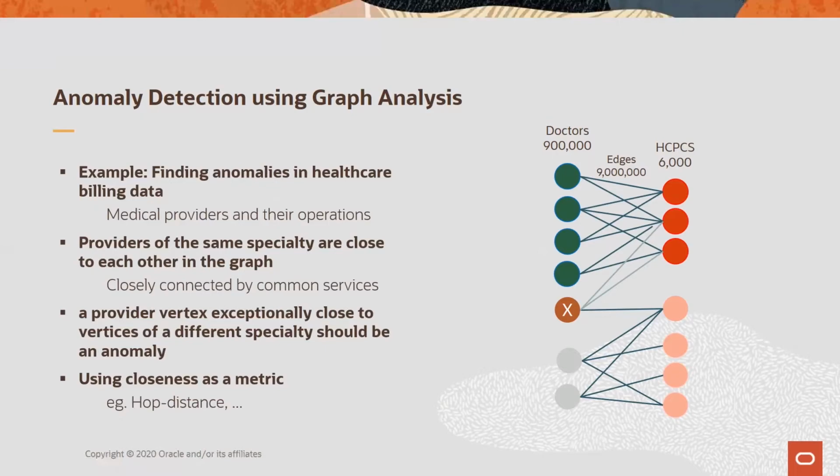The example I have here is the healthcare industry. It's basically healthcare billing data, and I'll just use that to show you a couple of fundamental concepts in graph analysis, which we will make use of later on in the machine learning part.